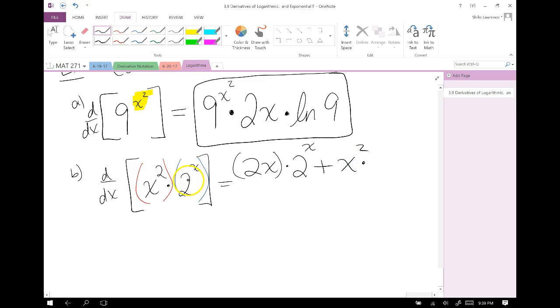Now our second function is an exponential function. Exponential functions always contain themselves. Now this one, its exponent is just a simple single linear x, so we don't have to do a chain rule. The derivative for x is just 1.